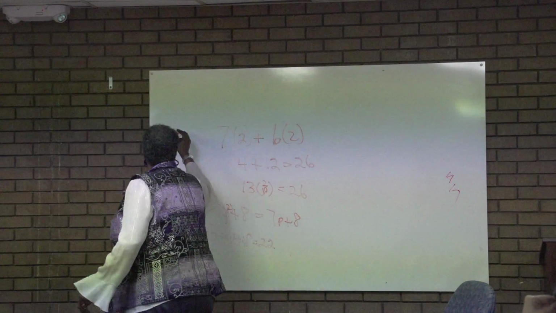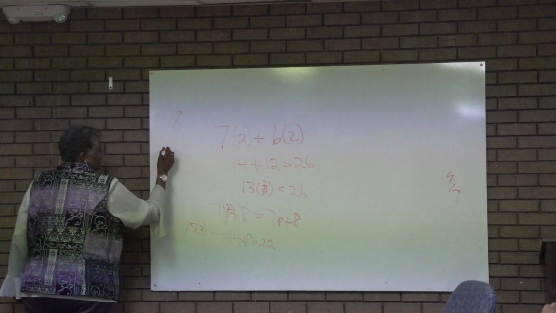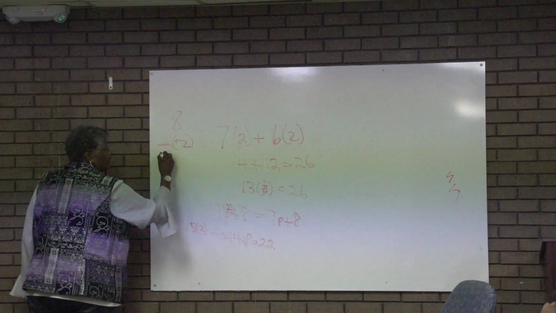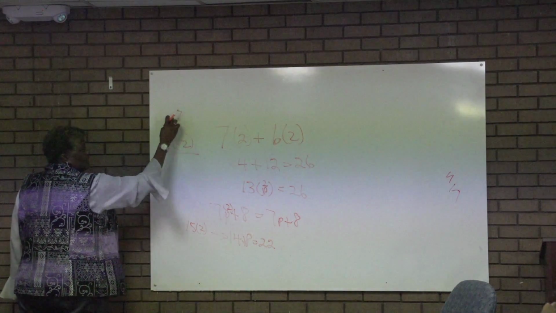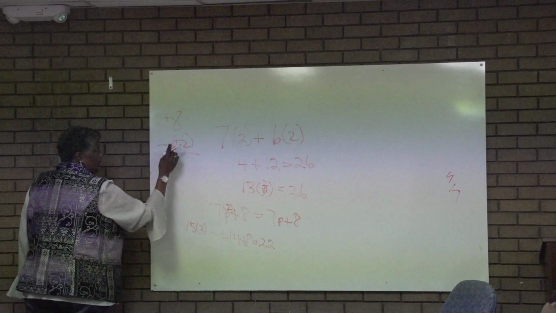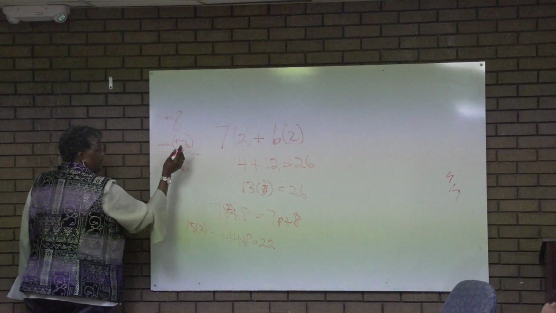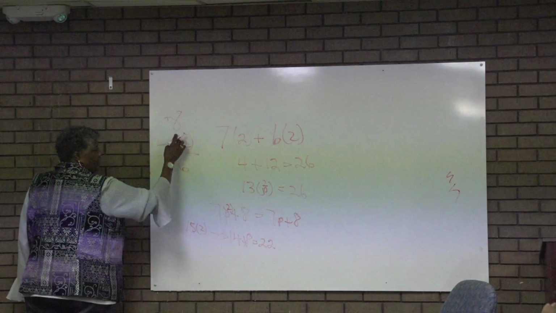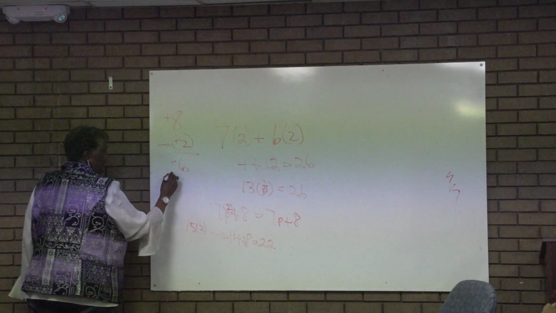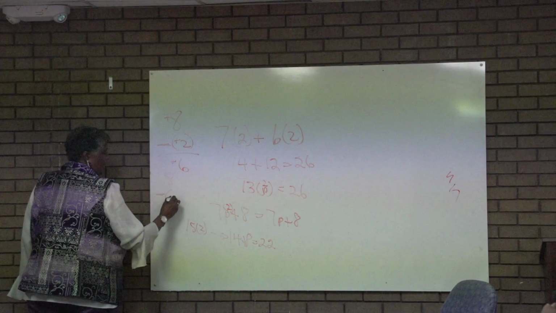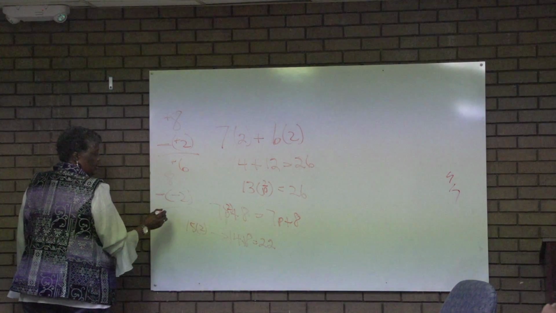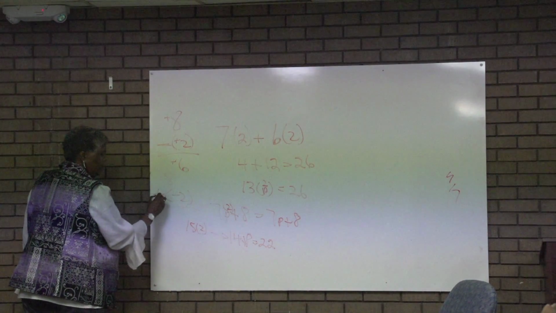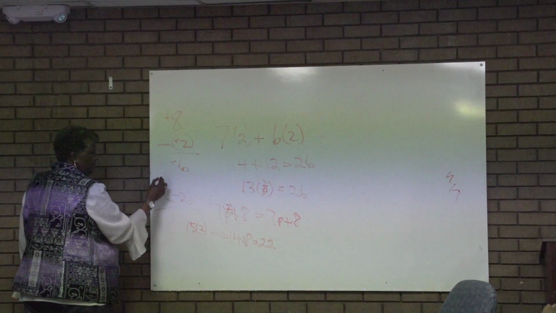If you have 8 take away a positive 2, signs are the same, subtract and keep the sign, right? If you have 8 take away 2, or 8 plus a negative 2 rather, the signs are different.